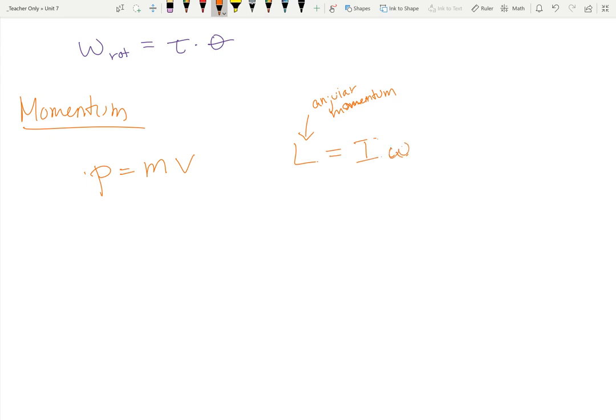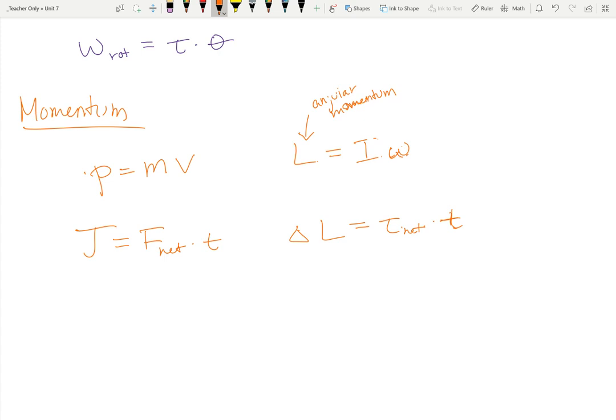And we had our impulse, J equals F net times time. And so now we have the change in angular momentum. We even ran out of letters, so now we just use delta L is equal to torque net times the time that's applied. So we see that that translates as well.